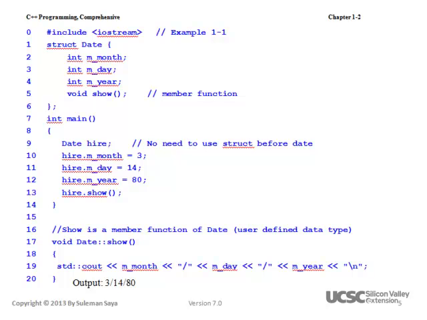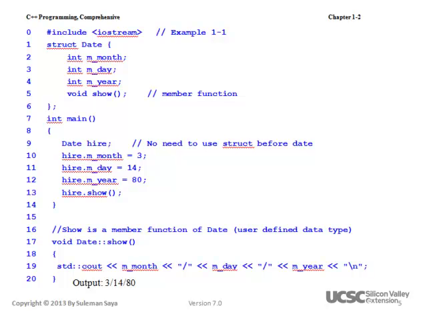Right after m_month, there is another left shift operator. I'm giving a slash in double quotes, and it will just print that. Similarly, m_day and another slash and m_year will be printed.